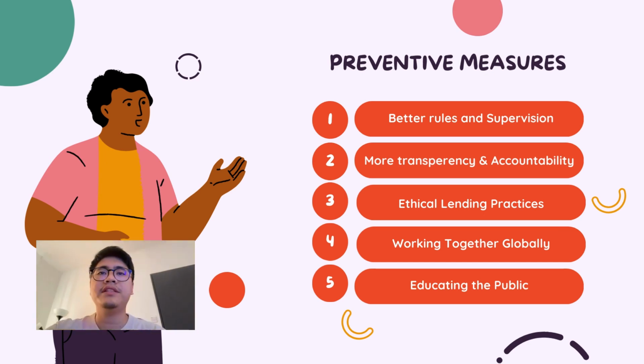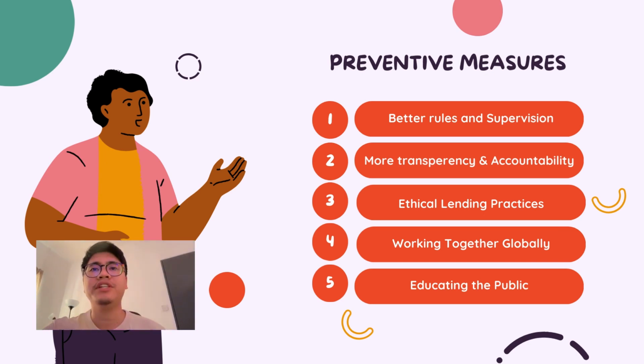The fourth measure would be working together globally. Global financial cooperation: financial markets around the world are connected, so crises can spread quickly. We need better cooperation and coordination among countries' regulatory authorities. This includes sharing information and working together to manage risk.